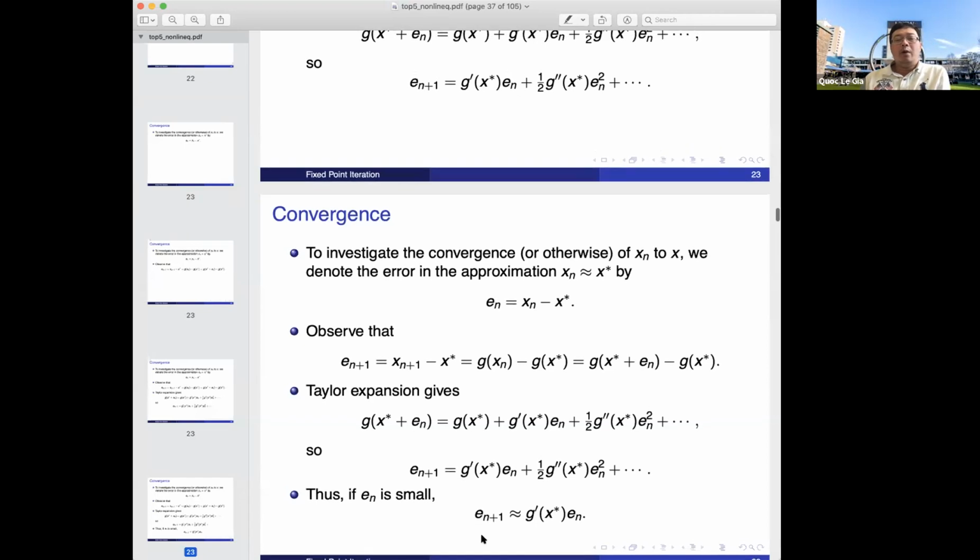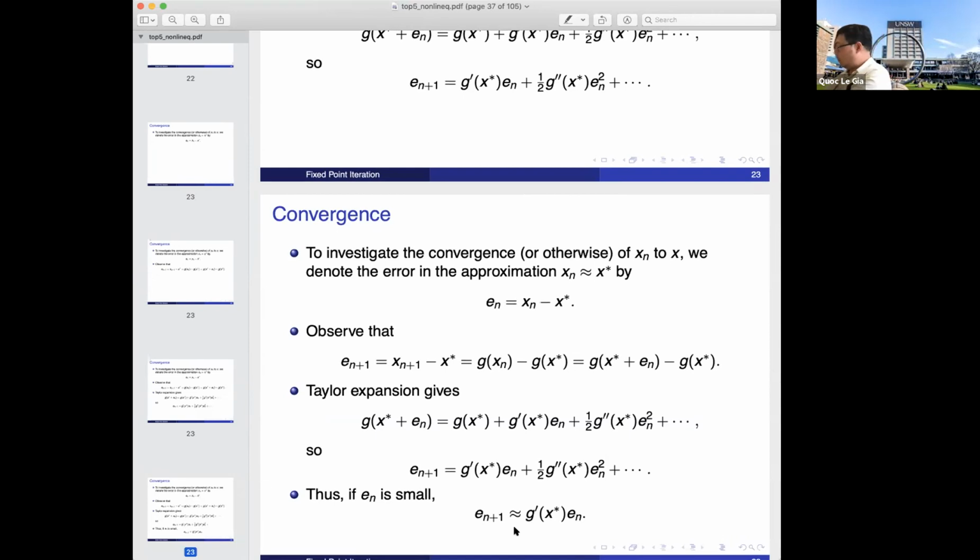So now we want e_{n+1}, or e_n in general, to go down to 0, right? Because if the errors go down to 0, then the method converges. Then what do we expect? How do we guarantee that it's going to converge?